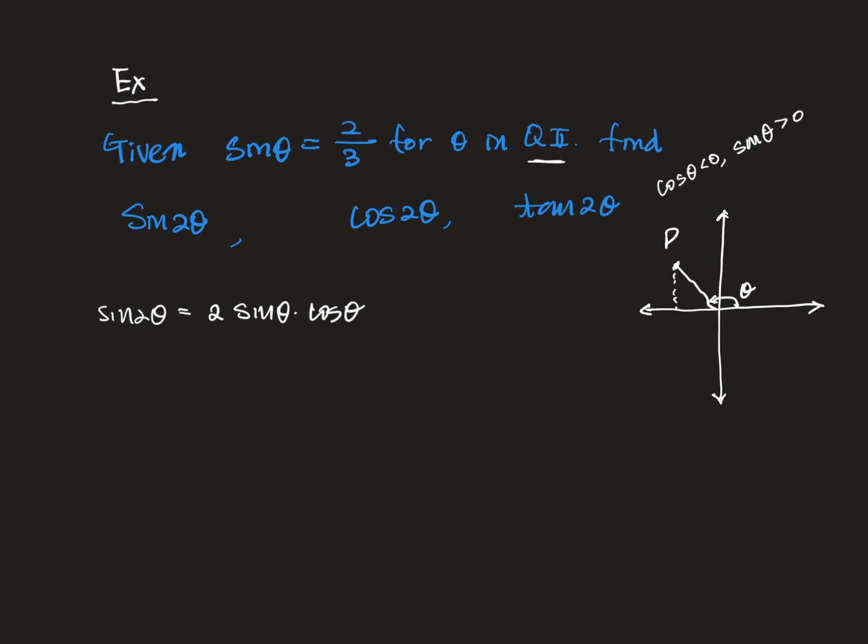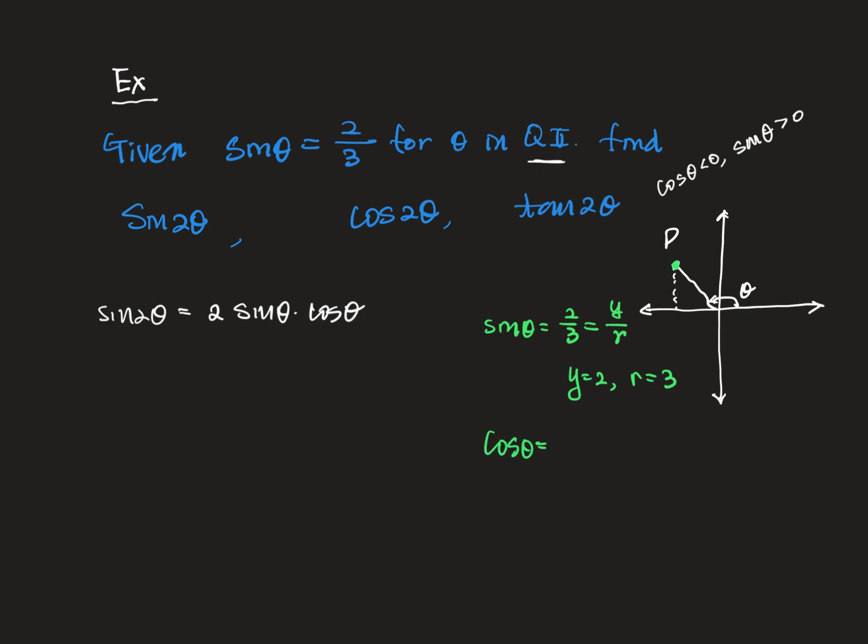We already know sine theta is 2 over 3. How can we find cosine theta? The definition of sine is y over r, so y equals 2 and r equals 3.